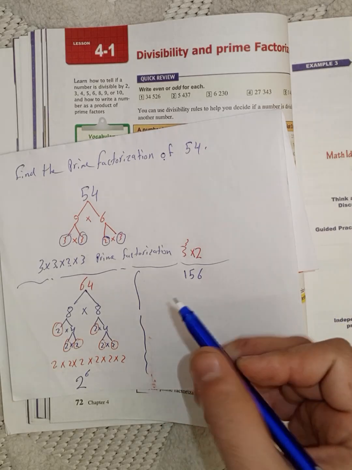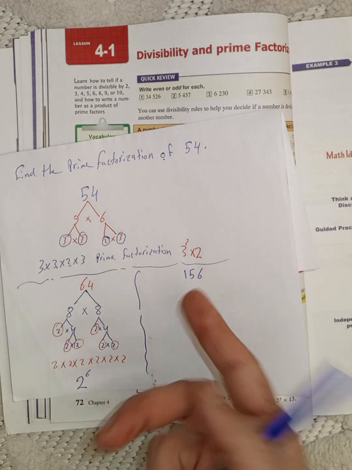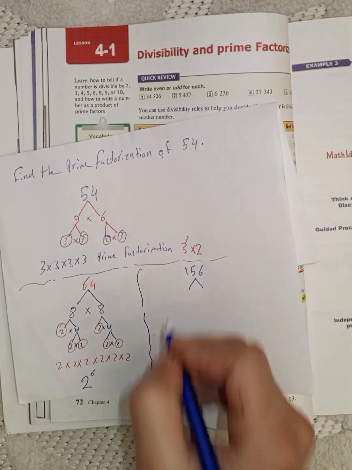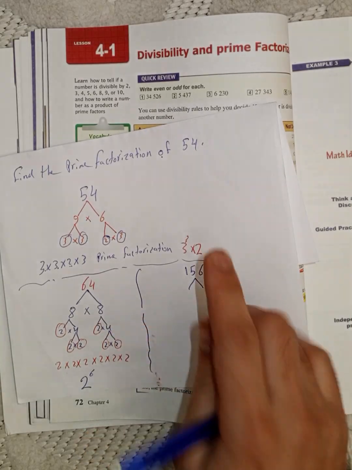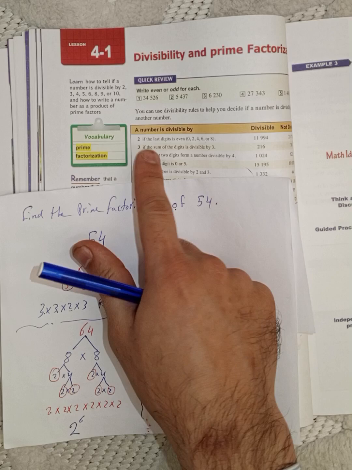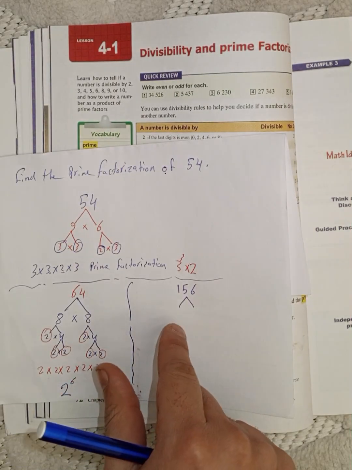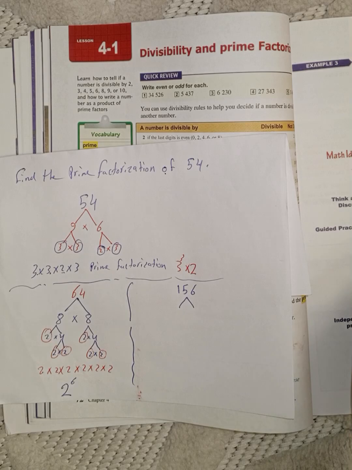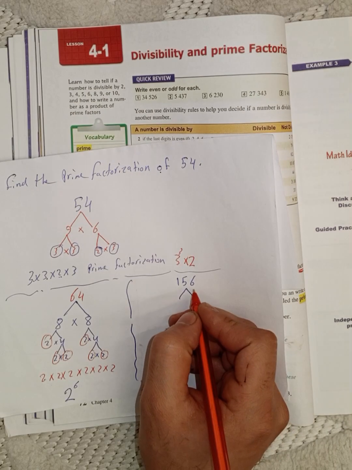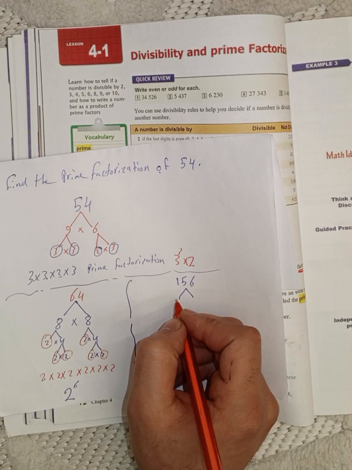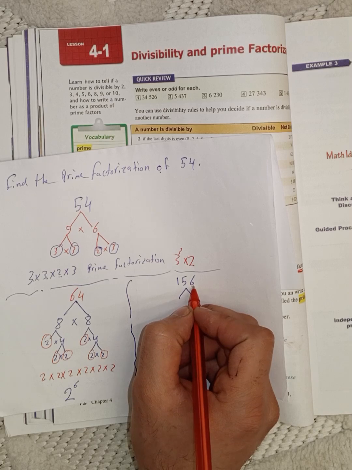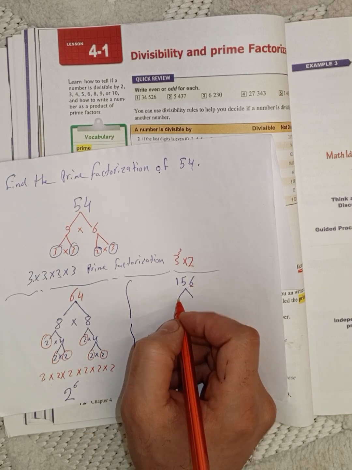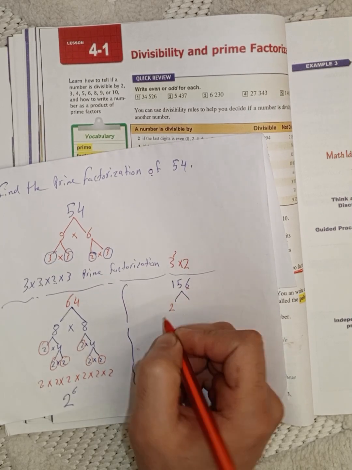But how can we choose the two factors for this one? We studied the divisibility rules, so it will be very easy to choose the two factors. Okay. Look at the last digit. It is an even number. We say that if it is even, it is divisible by 2. So 2 times what number is 156?